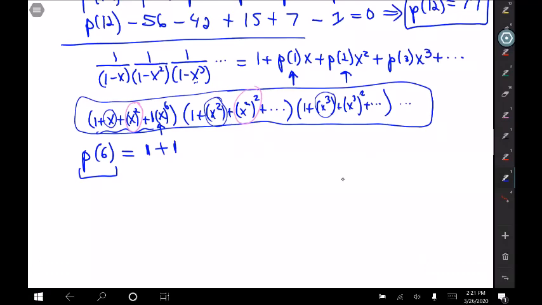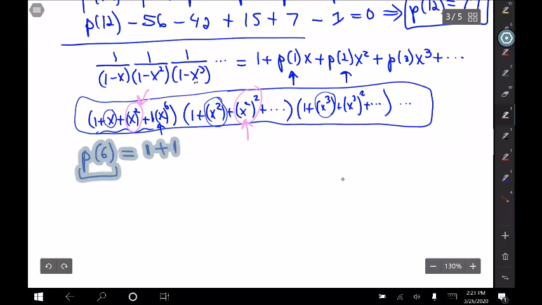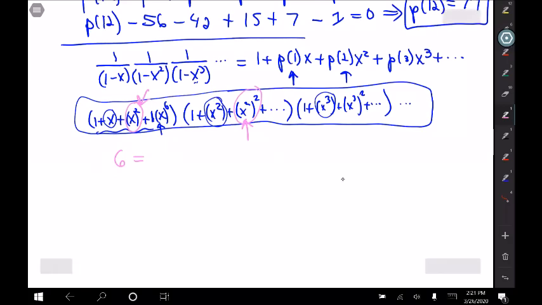So if I were to take this one and this one, what will it be associated with in terms of 6? What does it represent? Yes, x squared represents a 2 on the exponent, and we are picking 2 of them, so 2 plus 2.